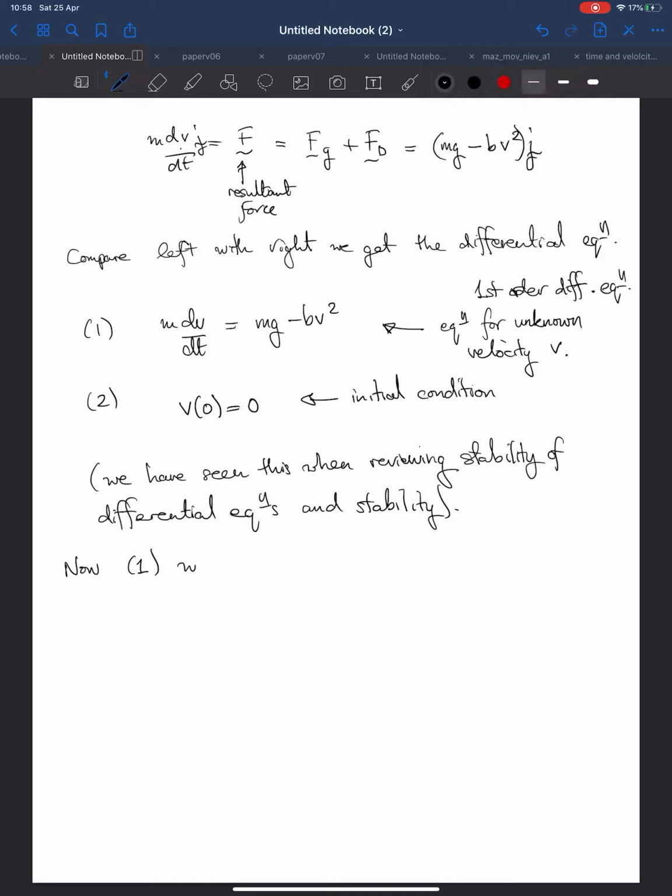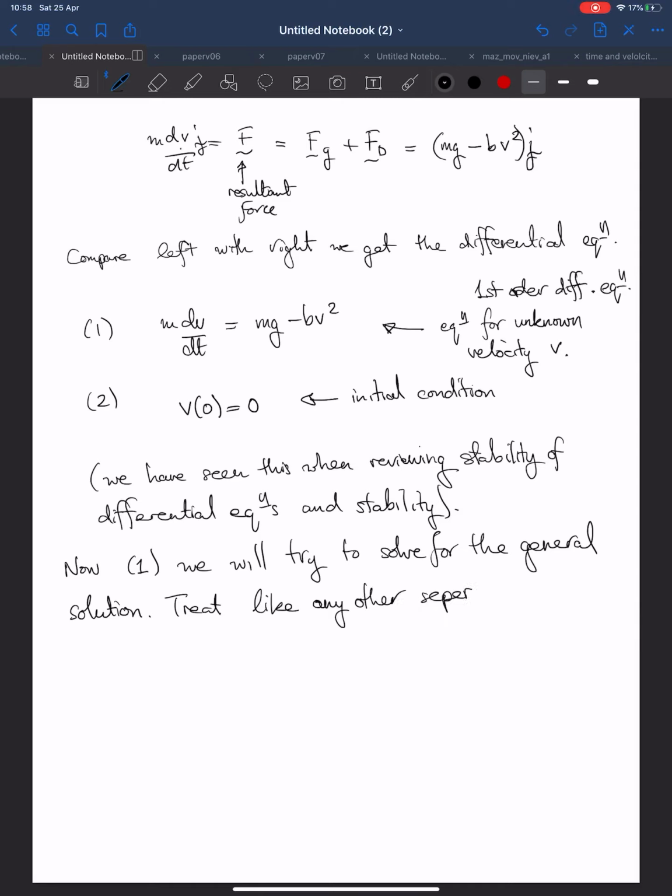Okay, now 1 we will try to solve for the general solution to the equation. Remember that this is the solution that embeds constants of integration, and we'll just get those constants from applying the initial conditions. Okay, so now how we do this is we treat it like any other separable equation, because that's what it is at the end of the day.